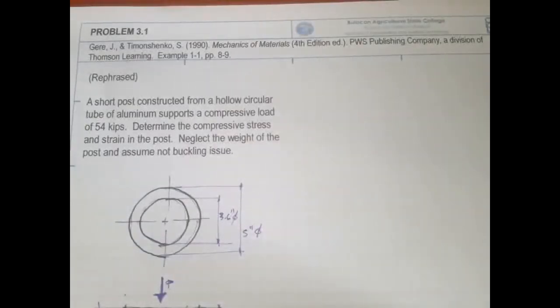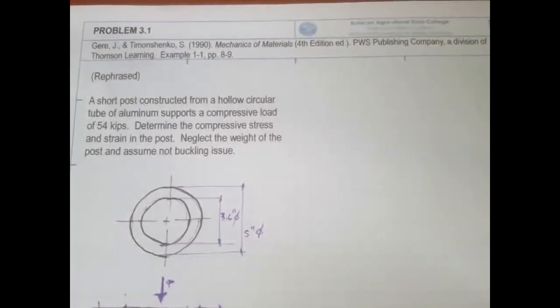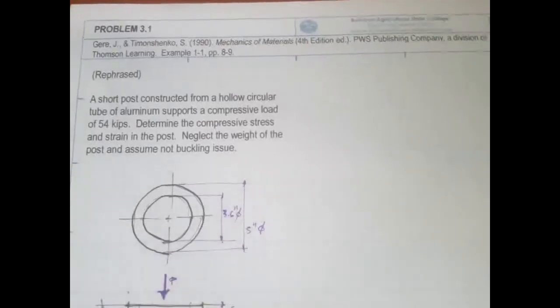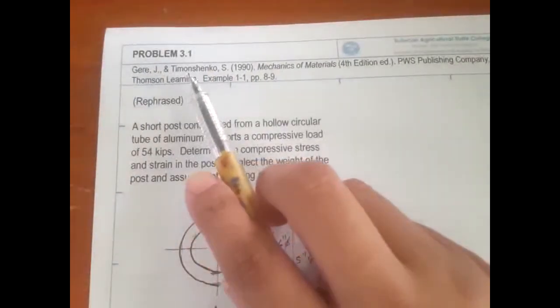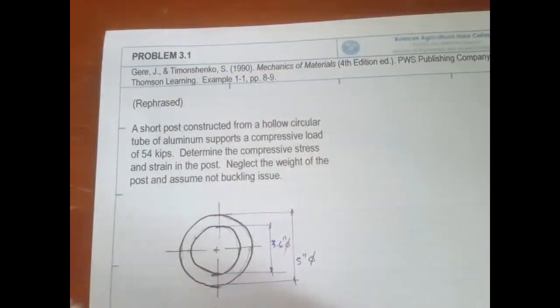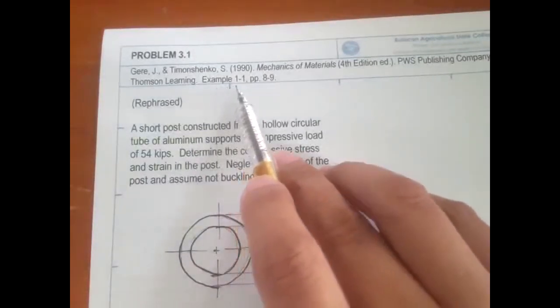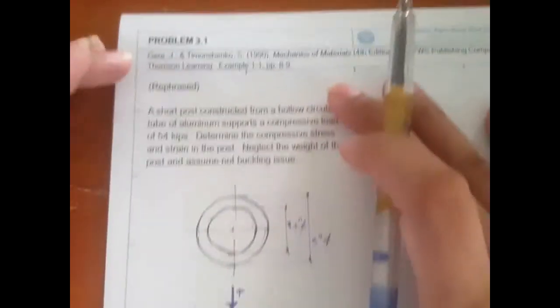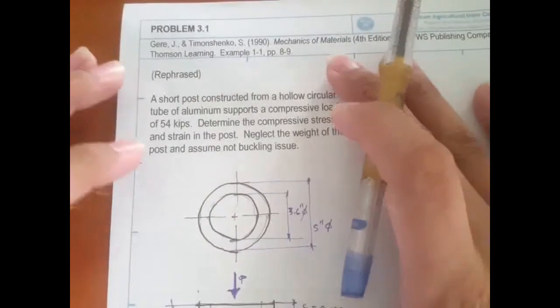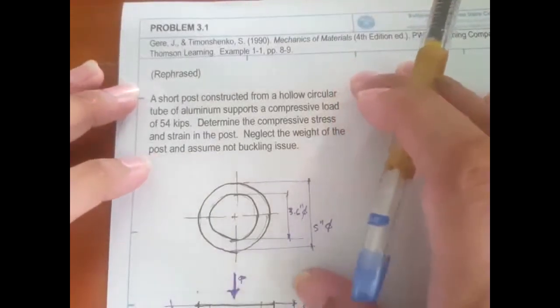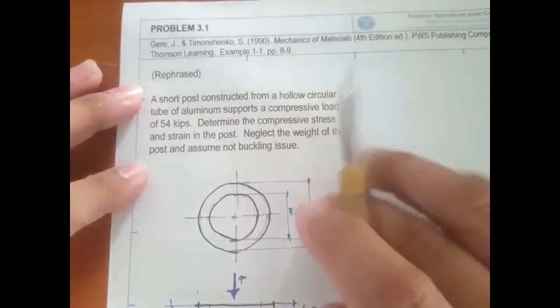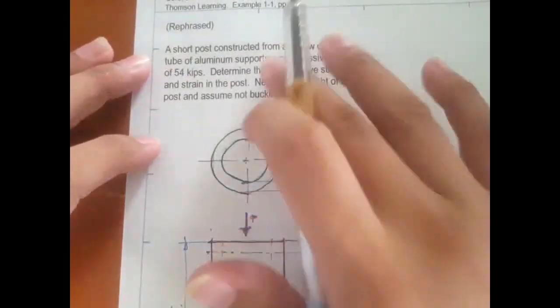All right, now we are going to do our first sample problem for this topic. This sample problem is taken from the textbook by Gere and Timoshenko, Mechanics of Materials, specifically example 1-1. The original problem statement is different, but here I just rephrased it.